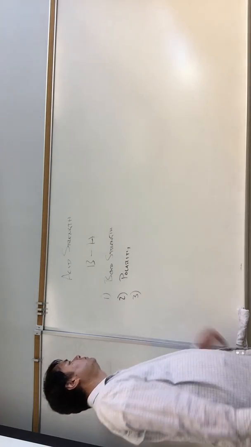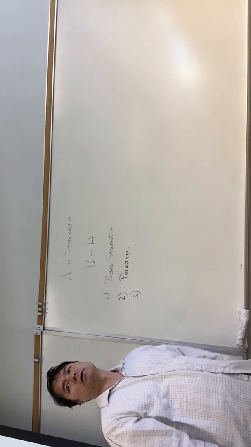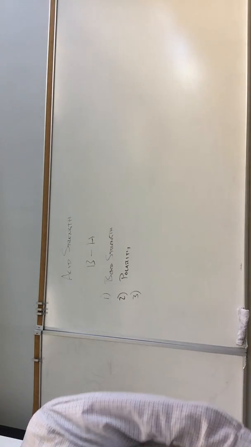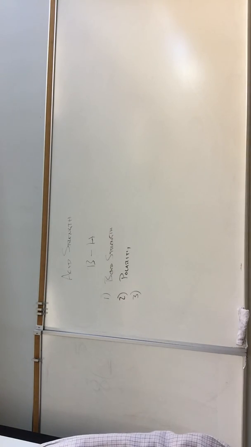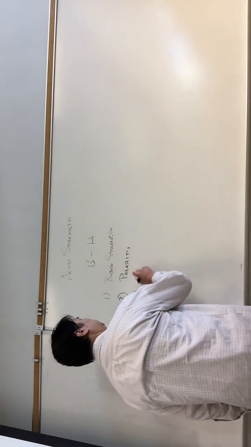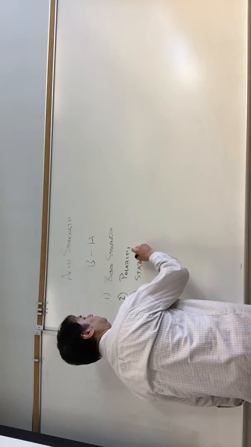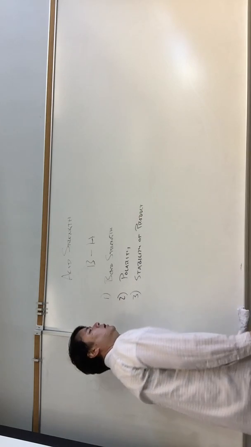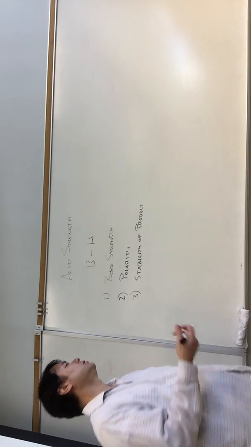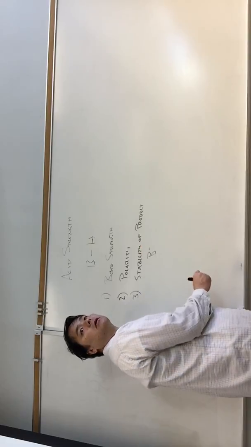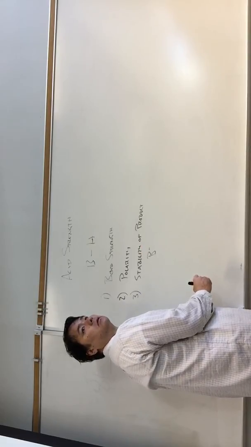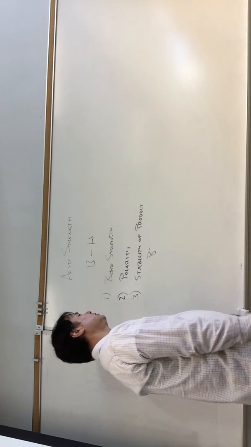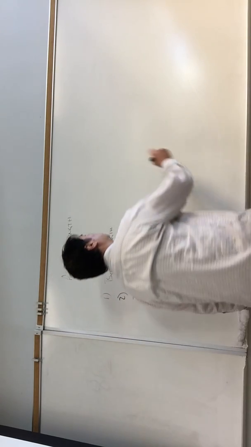Polarity. So these two we already looked at, bond strength and polarity, but what are the other factors that influence the acid strength? Another factor that influences acid strength is the stability of the product. Well, what is the product? The product is the conjugate base. There are two things that will impact the stability of the product here.